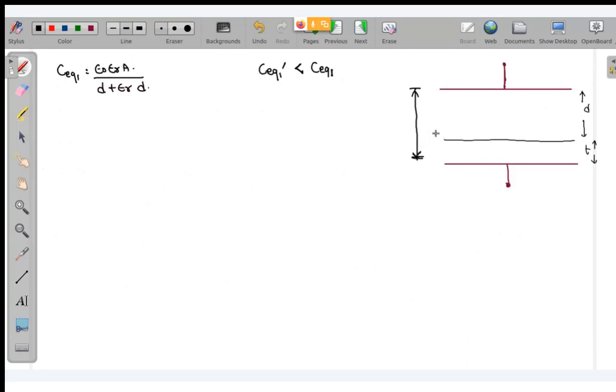If I want to increase the capacitance value, what can I do? We know C is equal to epsilon naught A by D. This is for any capacitor I am talking about, a random capacitor, not this particular case.